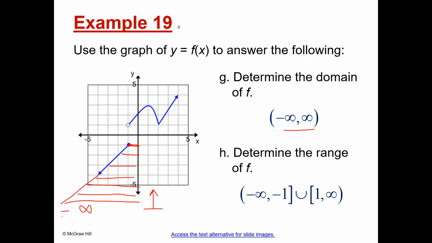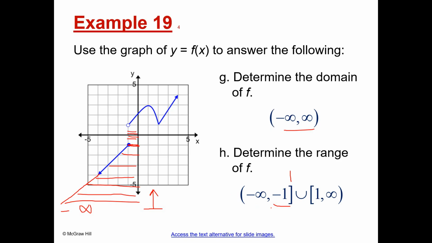So we're going to write for the range, we start from minus infinity, take all the values of y and stop at -1. We use a square bracket because -1 is included, and you can see here we have a full circle. Then we have a discontinuity here. There's no y values. There's no function over here.